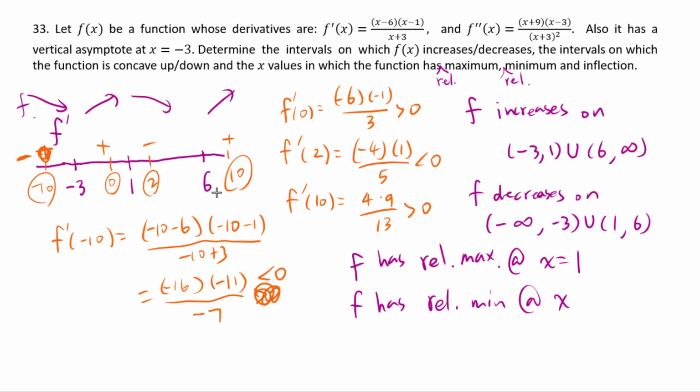So negative 3 and 6 seems to be the answer, but wait, negative 3, you have a vertical asymptote. So the function is not defined there. So that means f has relative minimum only at x equals 6. Okay, because over here the function is not defined.